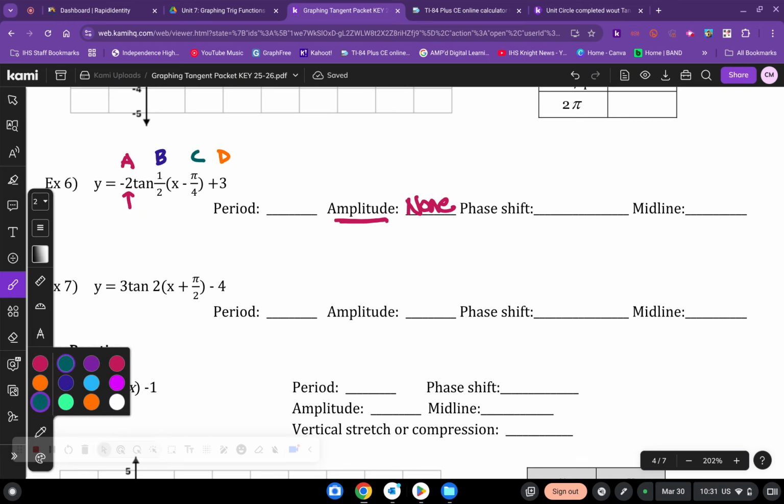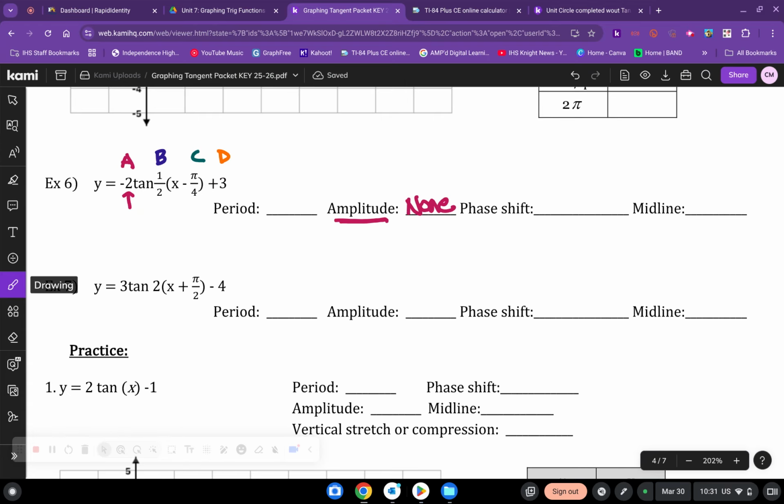Period is pi over b. Pi over b is my formula. My b value is 1/2. So this would be pi over 1/2. So I have to do the division. Pi divided by 1/2. So that means pi times 2 over 1. So I get a period of 2 pi.